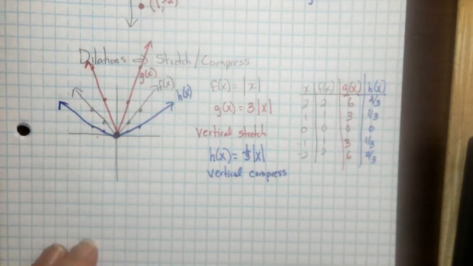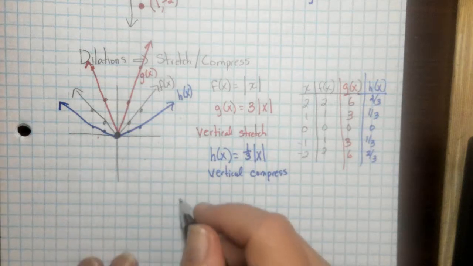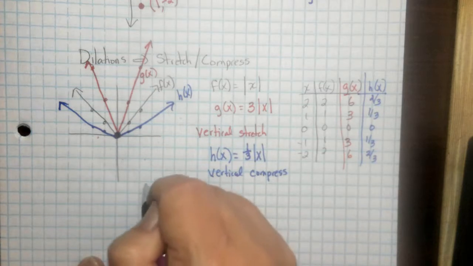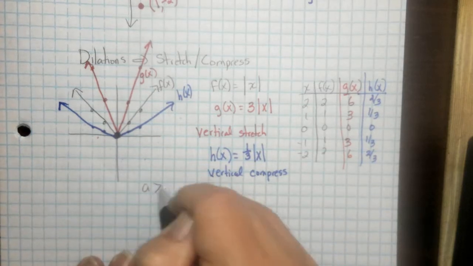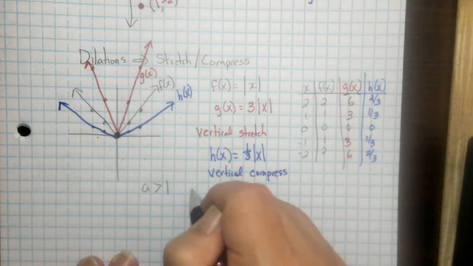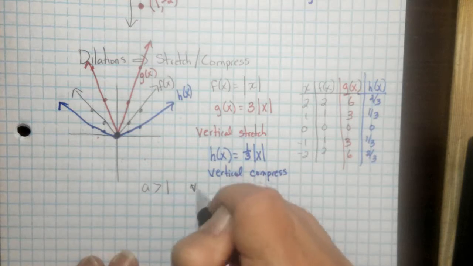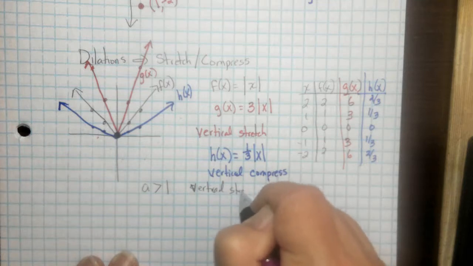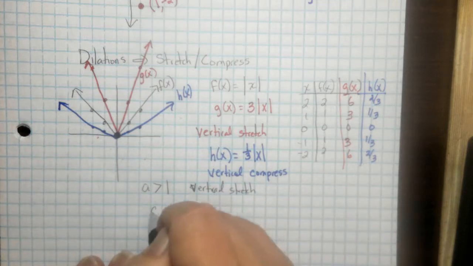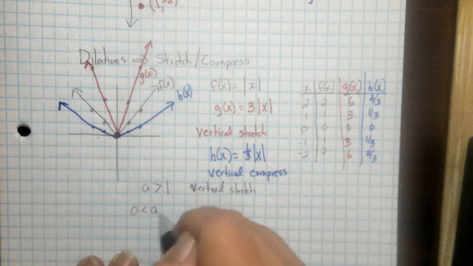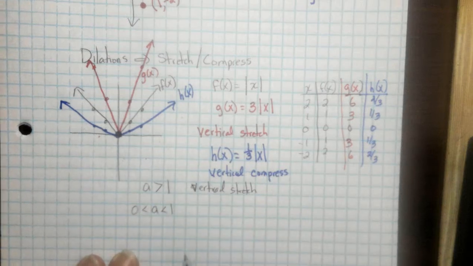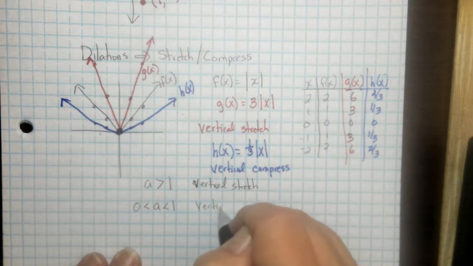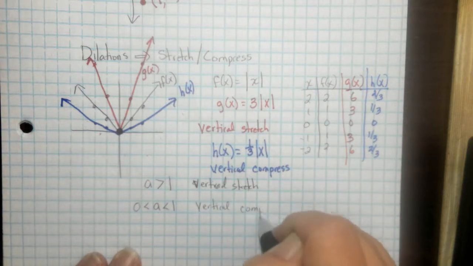So to summarize here, if this is where the letter A is in my big formula, if A is greater than 1, that's going to be vertical stretch. And if A is between 0 and 1, like the 1/3, that's going to be vertical compress.